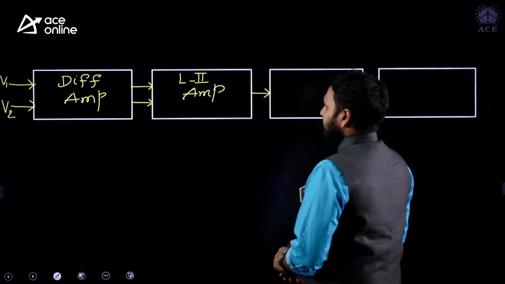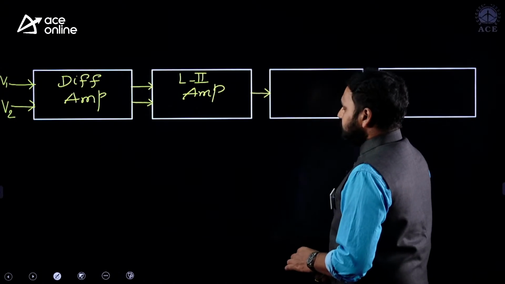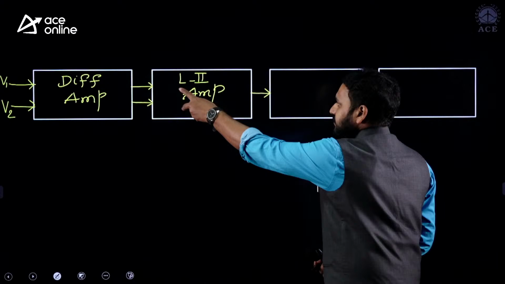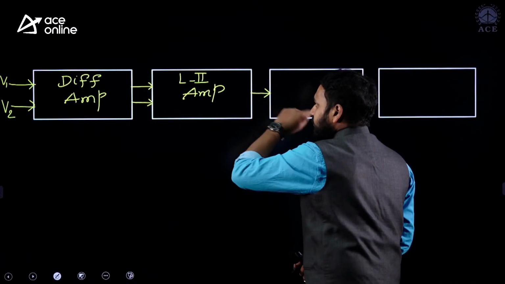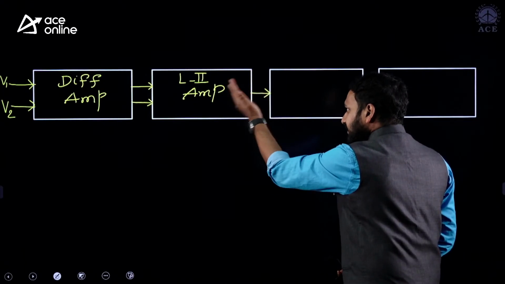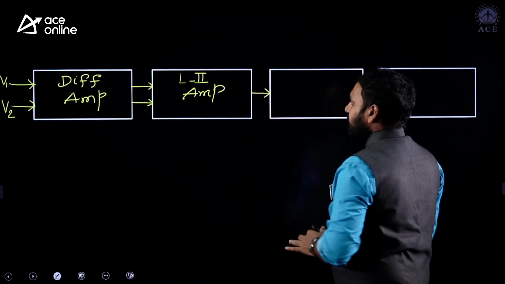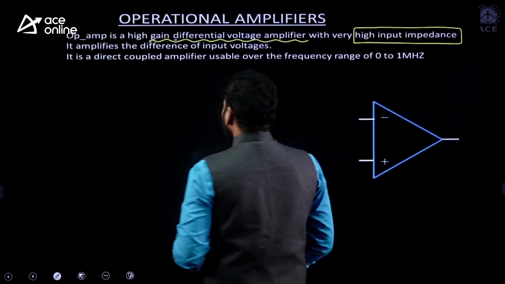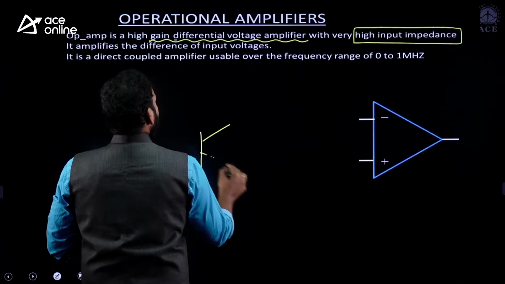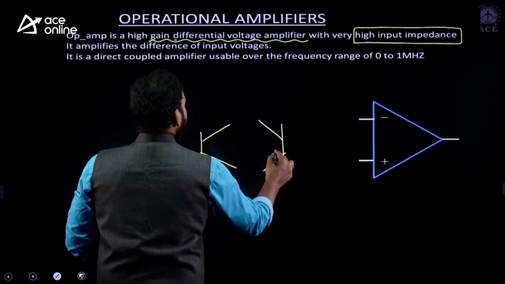Because to provide the facility to connect the load with respect to ground, we are converting the differential, balanced input to unbalanced. We are taking the output from only one leg, or strictly speaking, one terminal of the transistor in the differential amplifier. This is not the time to give you that. This is actually the circuit diagram. Internally, the differential amplifier circuit diagram.